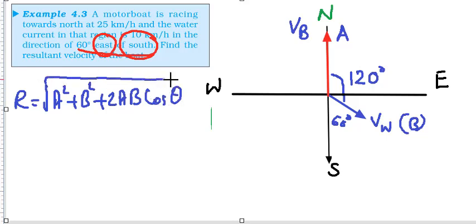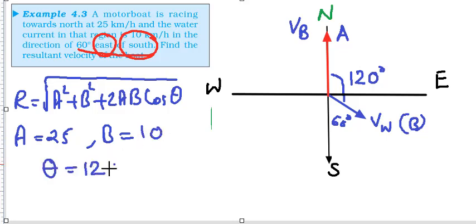So that is the equation for the magnitude, where A is 25. If you want, you can convert the unit, but that will make a decimal point. So it's better to calculate using the same unit, 25. And B is equal to 10, and the angle between them is equal to 120 degree. You should know that cos 120 degree is equal to minus 1 by 2.